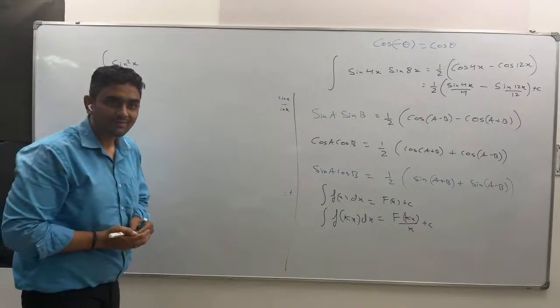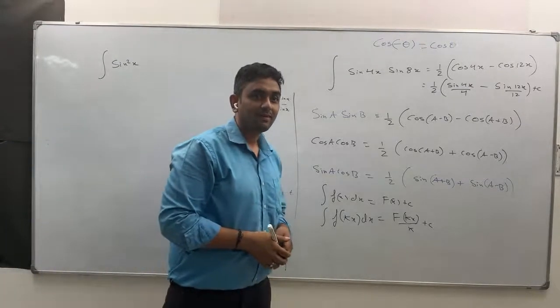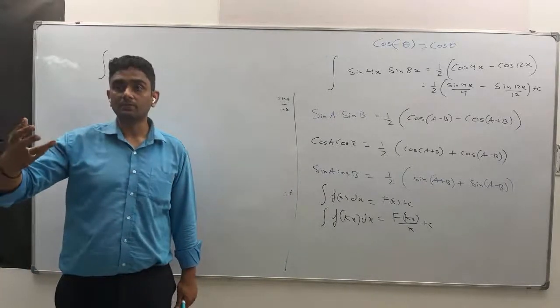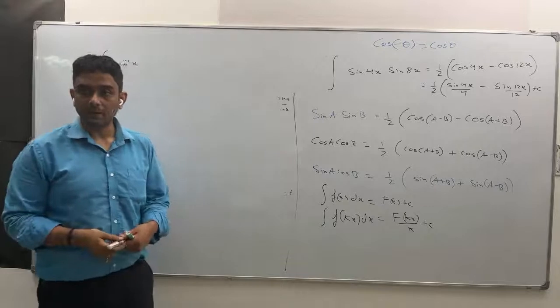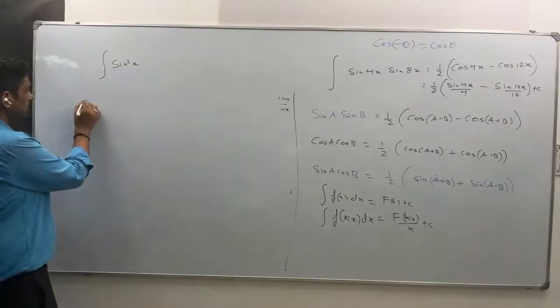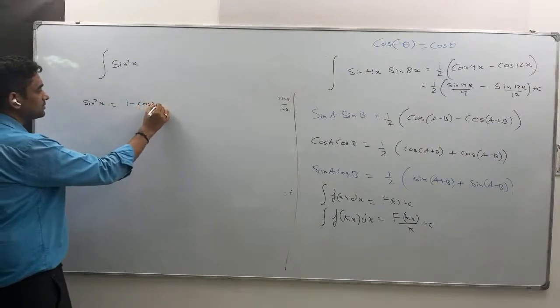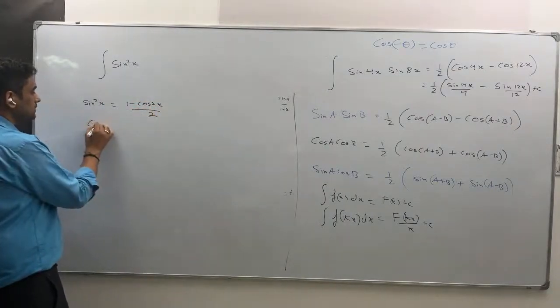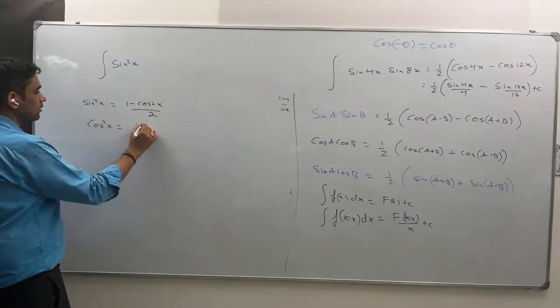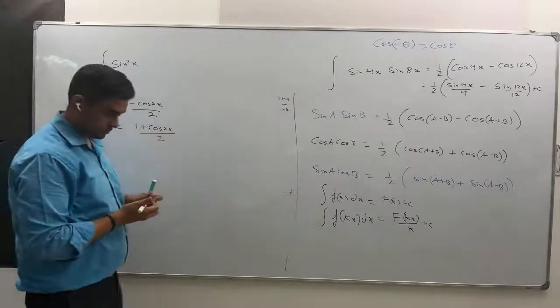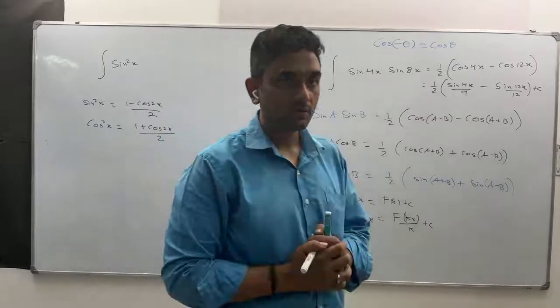We can write 1 minus cos 2x by 2. So you have to convert to multiple angles. That is, sine square x is 1 minus cos 2x by 2. Similarly, cos square x will be 1 plus cos 2x by 2. This is for the square parts.